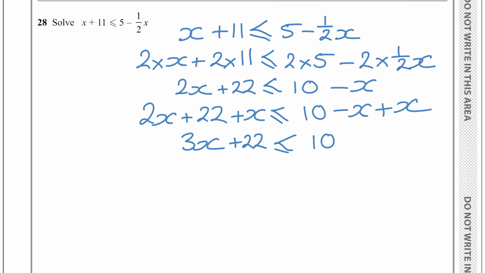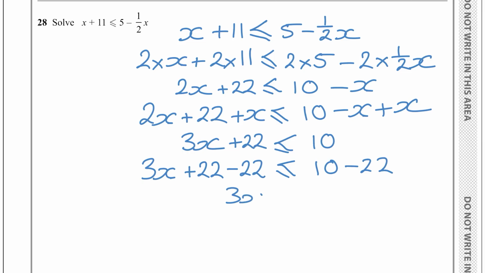Now we'll move the 22, and again we have to show it. So 3x plus 22 minus 22 is less than or equal to 10 minus 22. So 3x is less than or equal to minus 12.